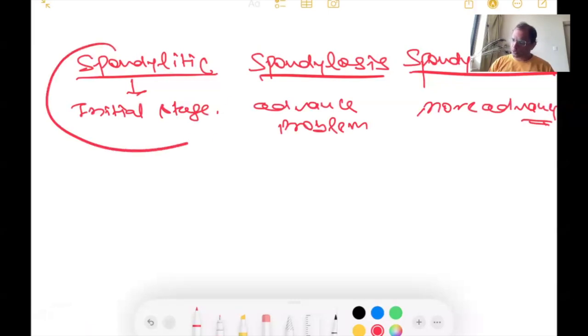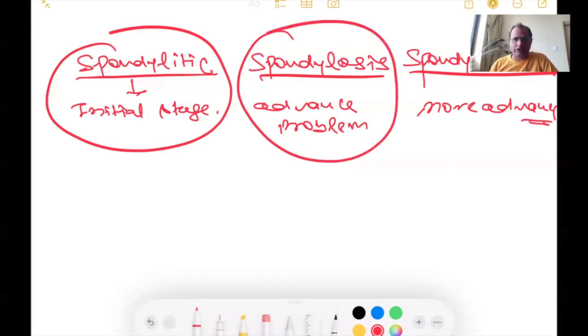This patient you can maybe cure sometime within 2 weeks or so. This patient might take 3 to 4 months. And this might take 7-8 months.